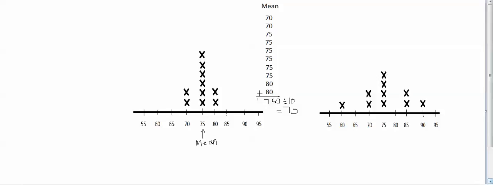We just have to add their 10 exam scores and divide the total by 10, just like we did for the first class.